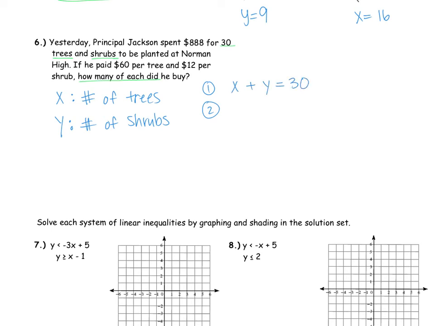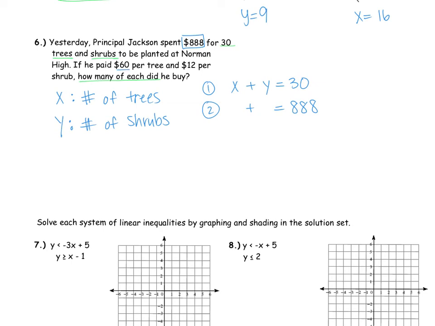So from there, I can also use the price tag to help me out. So I know that he spent $888. So I know that if I add two things, I would get $888. I know that each tree is $60.